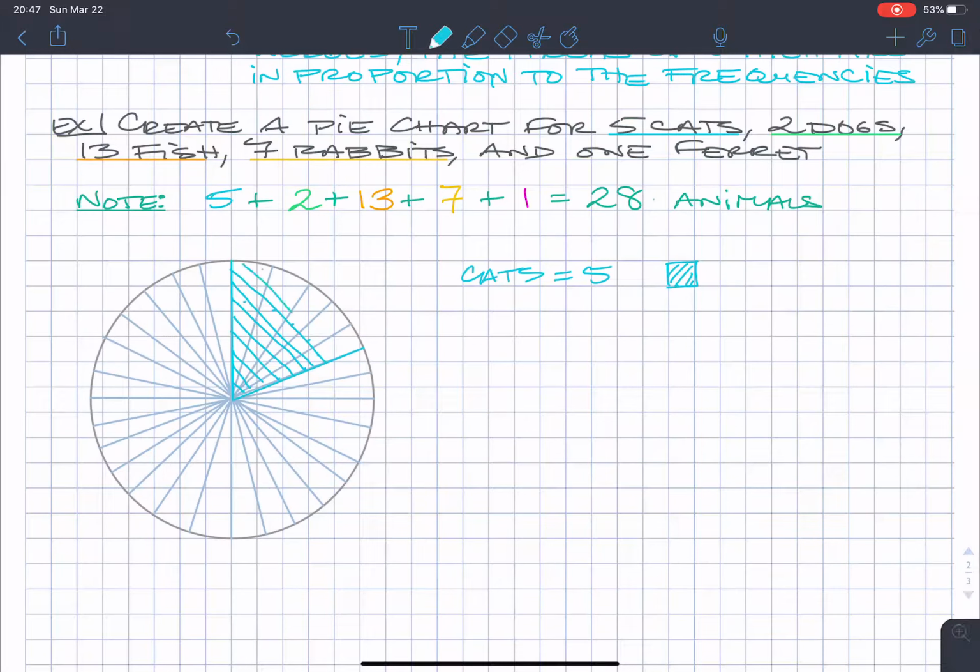So 5 out of the 28 animals are cats. And that's how we illustrate that on the pie chart.